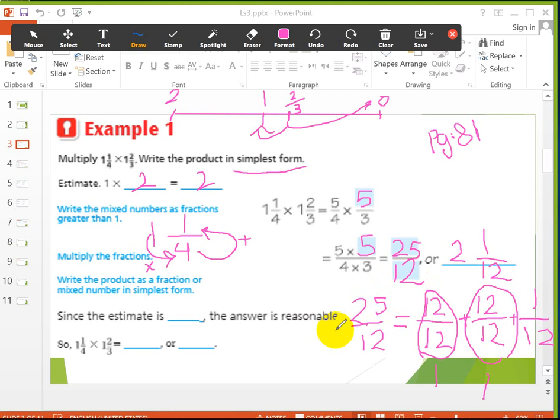So the number left is what? Also, I have another 12. So that means I will take another 12 and write it. All the fractions will have the same denominator, which is 12 here.